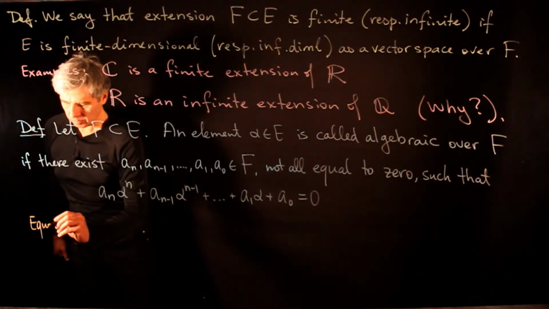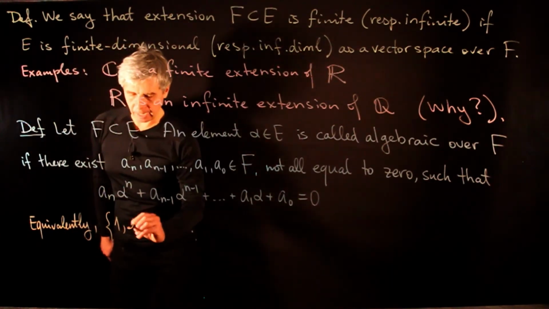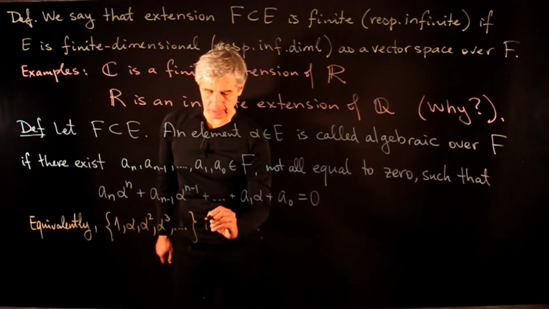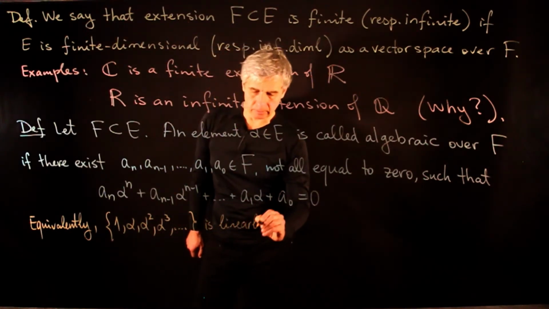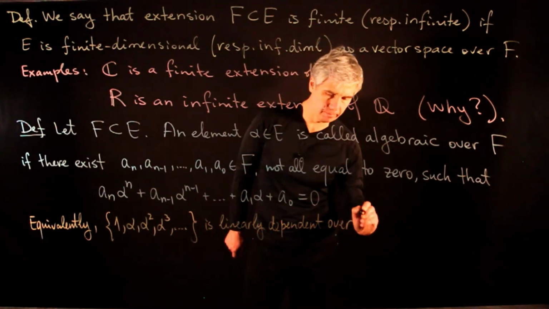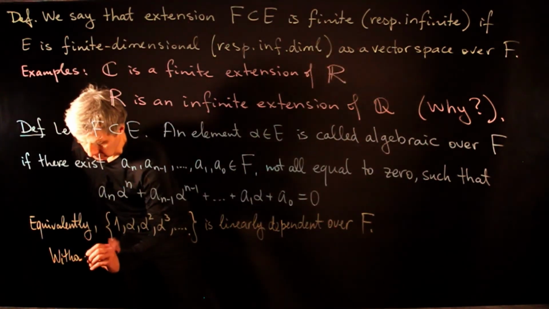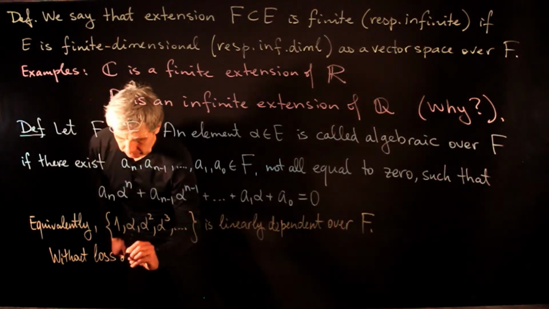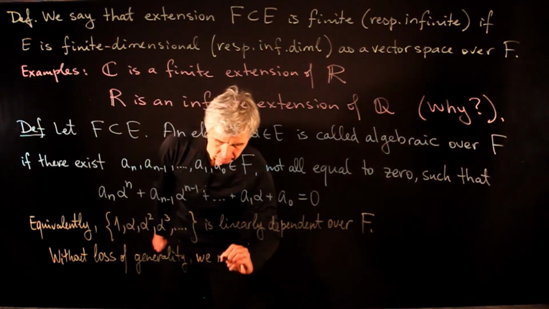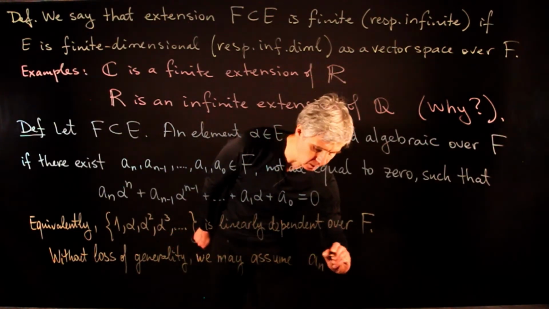Equivalently, this says that the set 1, alpha, alpha squared, alpha cubed, and so on, the set of powers of alpha, is linearly dependent over F. And we see that without loss of generality, we may assume that a_n is equal to 1.